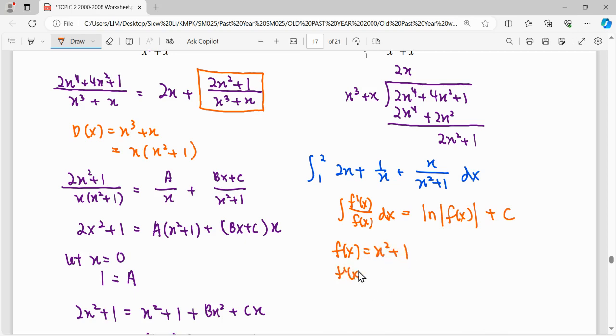When we differentiate it, it's supposed to get 2x. What we have is x, but we can modify the coefficient by multiplying by 2 and putting 1 over 2 at the side of the fraction. So we have the pattern. This is f prime x, this is f(x). So we can directly integrate using special form number 6.